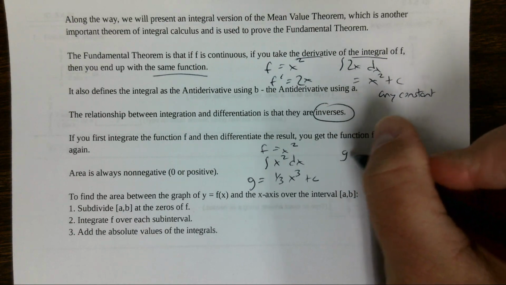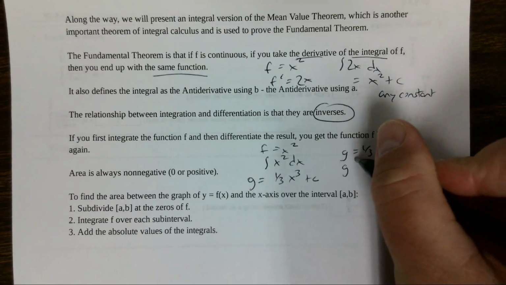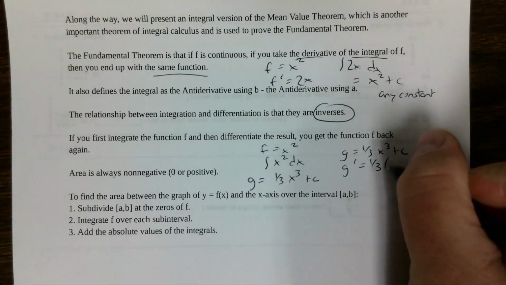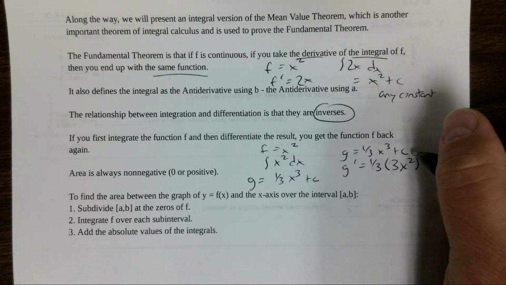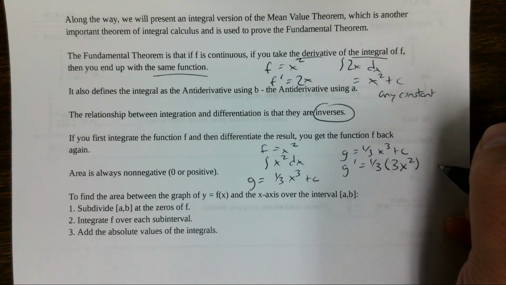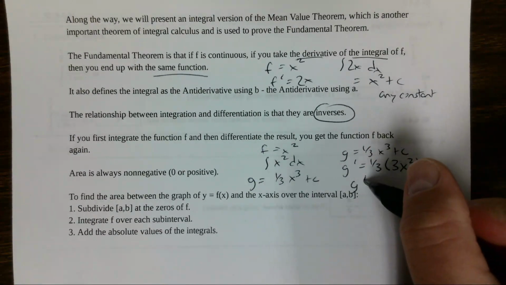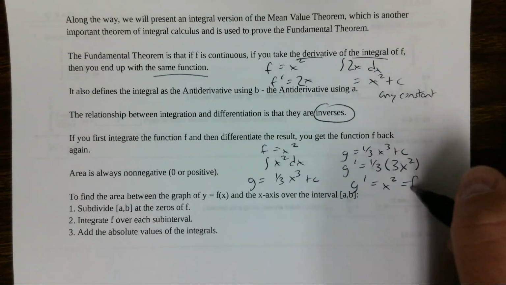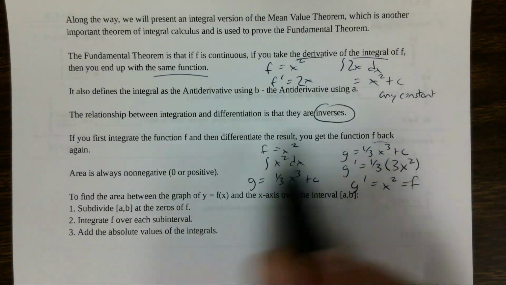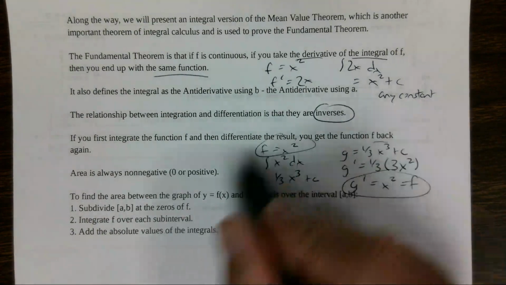So if g is 1/3 x cubed plus c, then g prime would be 1/3 times 3x squared, and then the derivative of c is 0. So that's why the constant doesn't really matter. And so g prime would be x squared, which is the same as f. So you are back where you wanted. So this ends up the same.